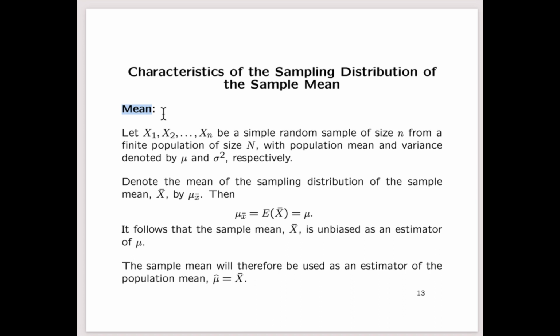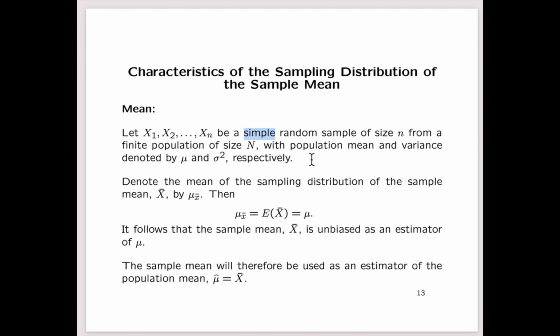So let x1, x2, and so forth up to x sub n be a simple random sample of size n from a finite population containing capital N values, with population mean and population variance denoted by mu and sigma squared, respectively.